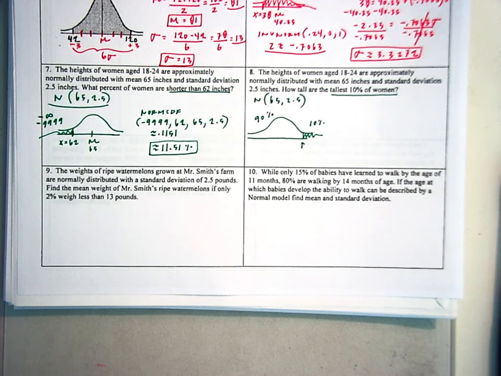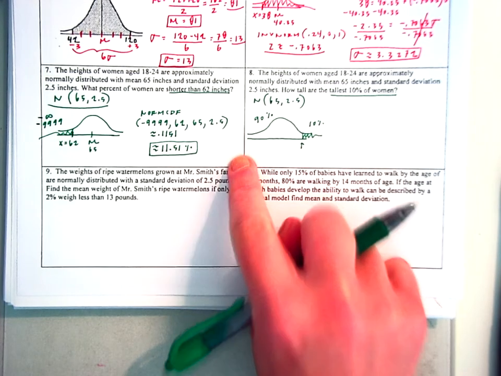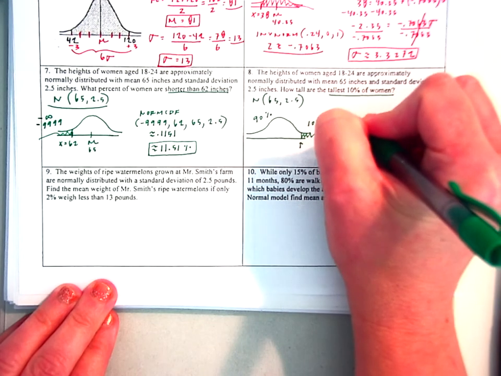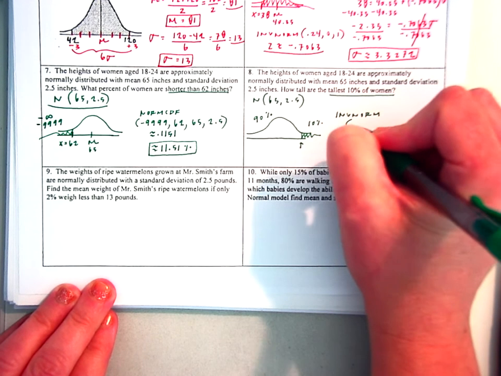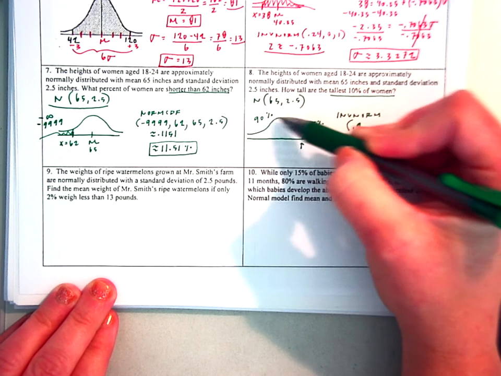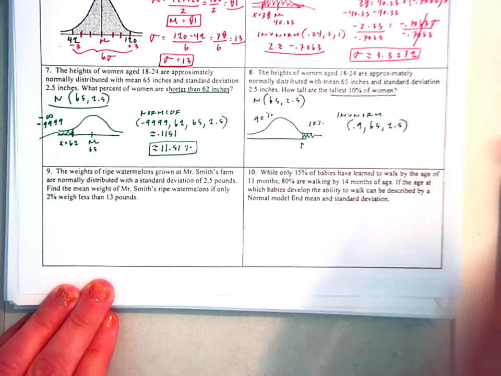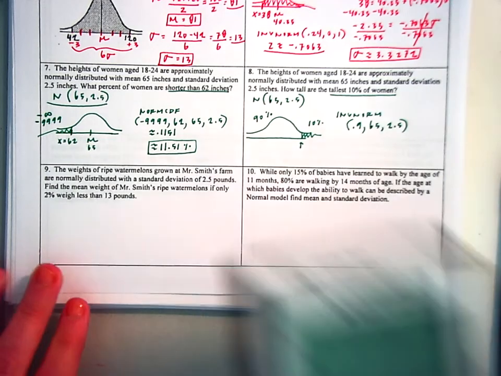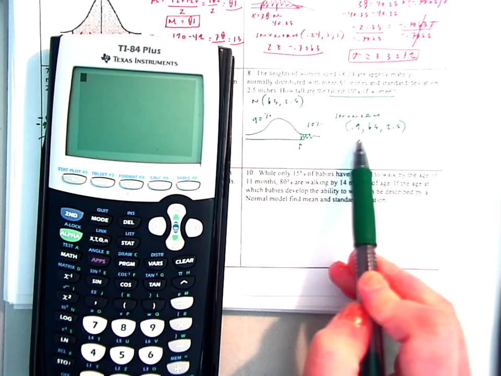Okay, so here I can use my inverse norm. I don't have to go through the z-scores anymore because I know the mean and standard deviation and I know the proportion below. So I can say inverse norm, proportion below is 0.9, my mean is 65 and a standard deviation of 2.5. So if I plug that in, that's going to pump out the observation much quicker than if I did inverse norm 0.901.